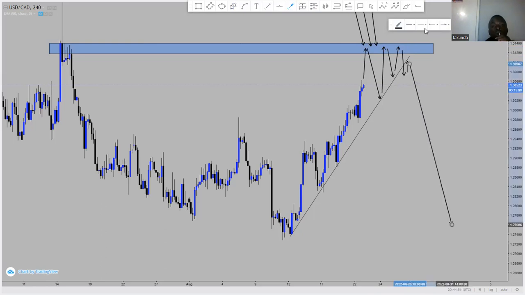So currently, that zone there is a zone where we're expecting to find selling opportunities. But so far the market is simply pushing up.